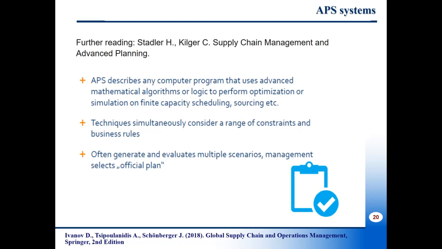And this is the benefit of using APS, and therefore our plan will be more feasible with regard to our process limitation. We often generate and evaluate multiple scenarios from the simulation, and therefore management will select the official plan that is more feasible, adjustable, and achievable by that particular organization.